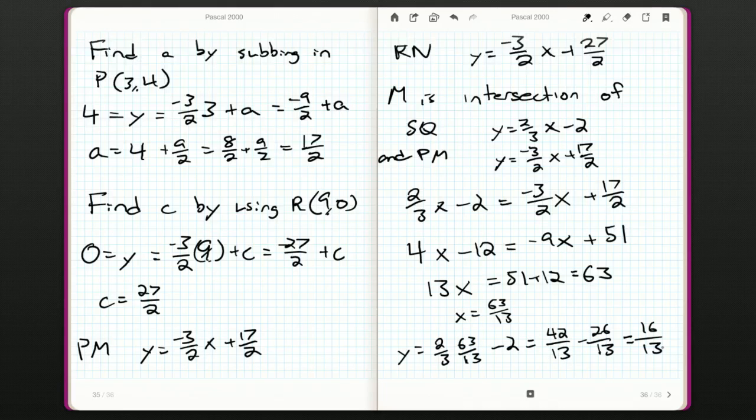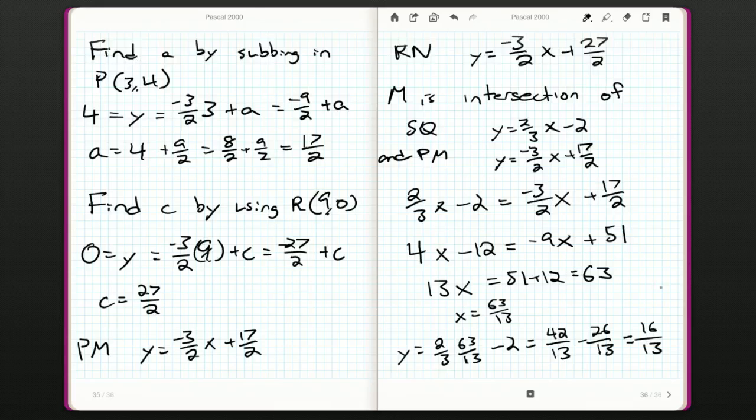Okay, now let's really quickly grab our calculator and double check. Is that what would happen if we substituted into the other equation? Because if not, somewhere we've made a calculation error. So 63/13 times 3 divided by 2, and then we add on 17.5.